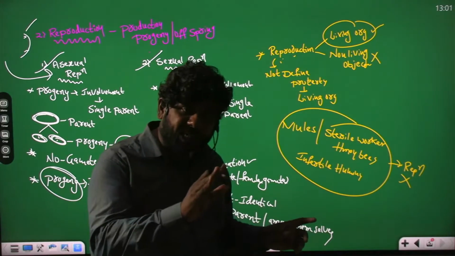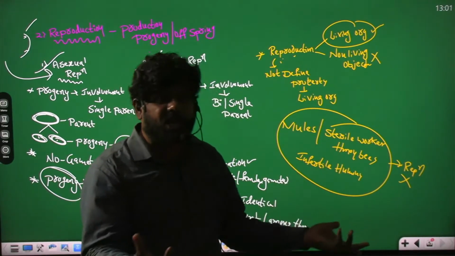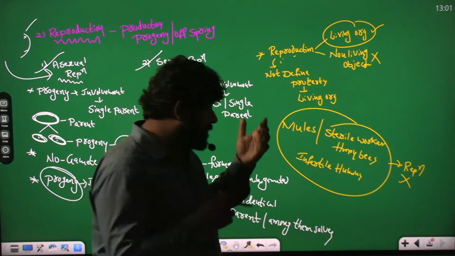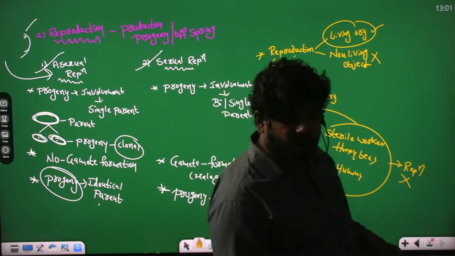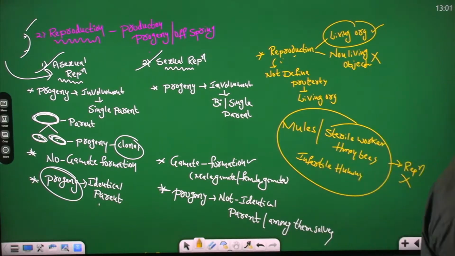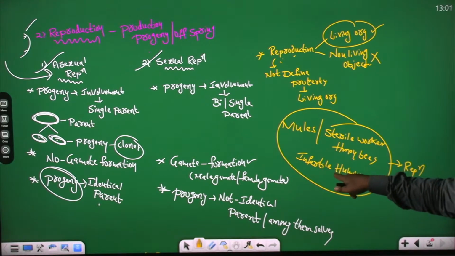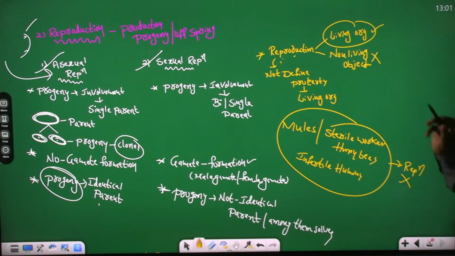If it were reported in all living organisms, we could say it defines the living, but here exemptions are there. Mules, sterile worker honeybees and infertile human beings are unable to reproduce. Reproduction is absent, but these are living. Can you say that because of the absence of reproduction these organisms are non-living? No. So reproduction is not reported in all living organisms.